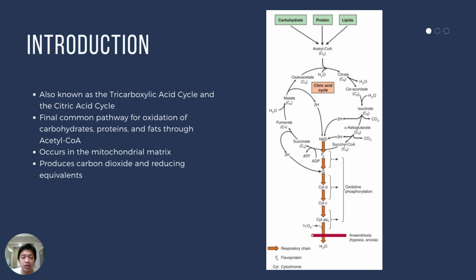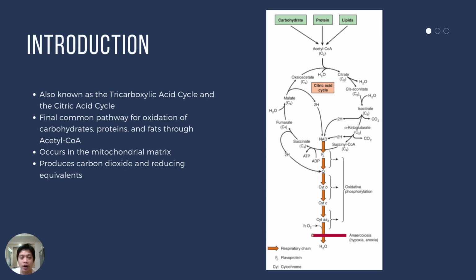Proteins, through deamination, will also produce acetyl coenzyme A, and lipids, through beta oxidation, will produce acetyl coenzyme A. In general, acetyl coenzyme A fuses with the 4-carbon molecule oxaloacetate, and together with water, it will form citrate, which is the reason why the cycle is called the citric acid cycle.